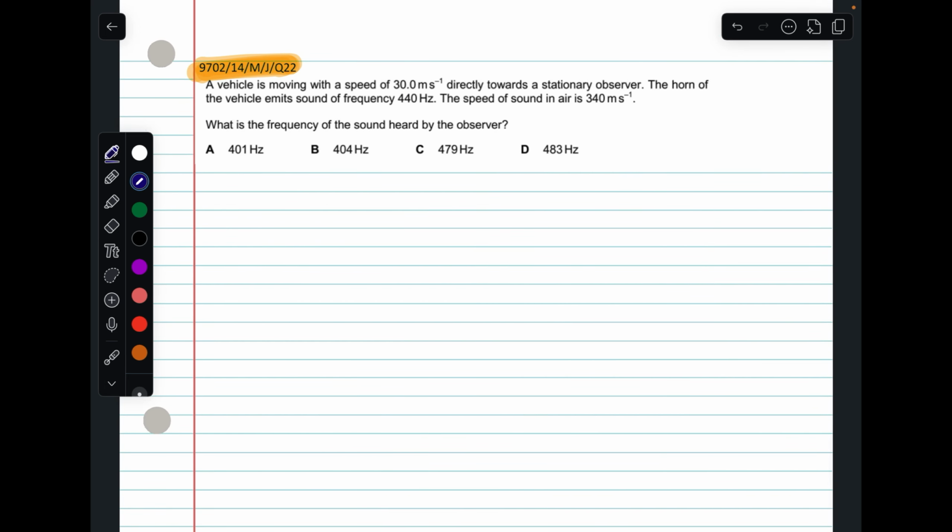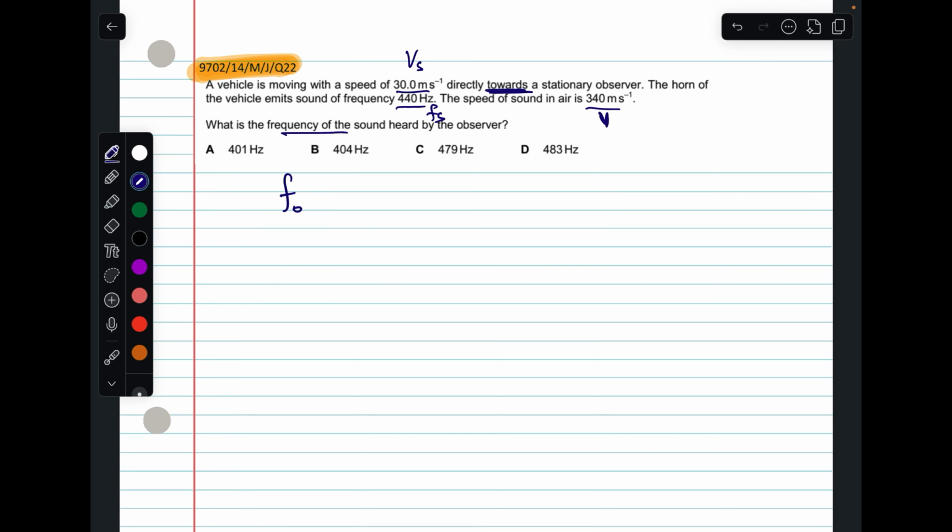A vehicle is moving with the speed of this. This is the speed of the source, that is the vehicle, Vs, directly towards the stationary observer. So it's moving towards the observer, and the horn of the vehicle emits a sound of frequency Fs, and this is V, the speed of the wave. You have to tell the observed frequency. They have already told you that it's moving towards, so it's pretty simple.